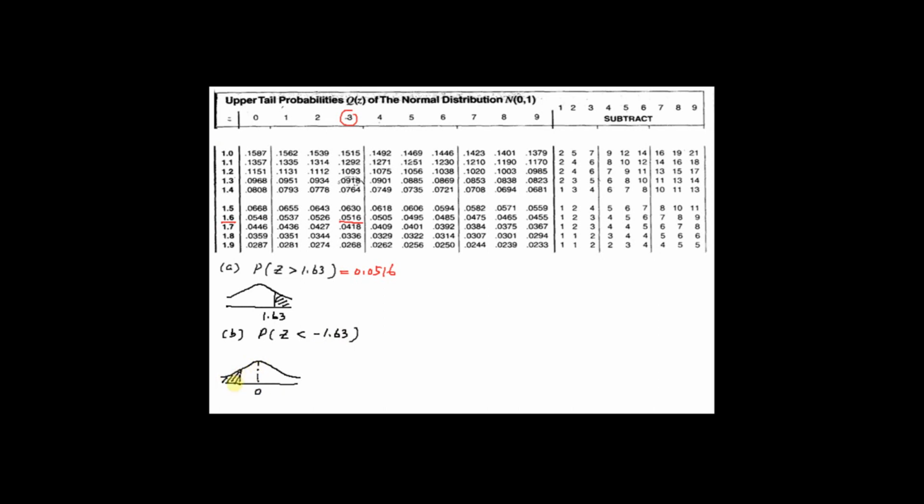So you have to find this probability, that is the Z score less than negative 1.63. Remember, I told you this curve is a symmetrical curve. So this probability is the same as the probability Z more than 1.63. So this is the upper tail. You can get it directly from the table. Your answer is again 0.0516.